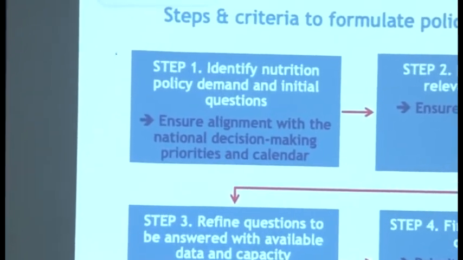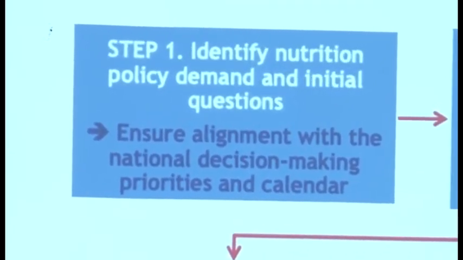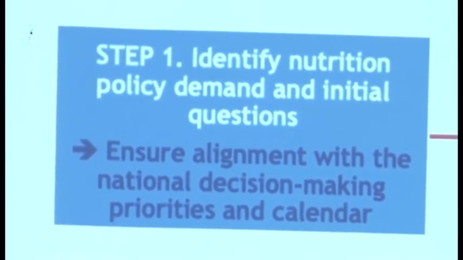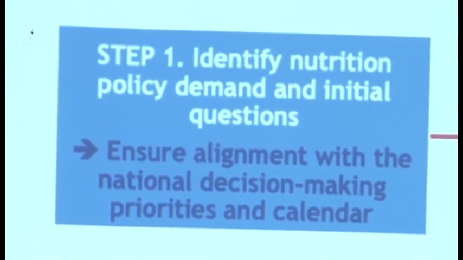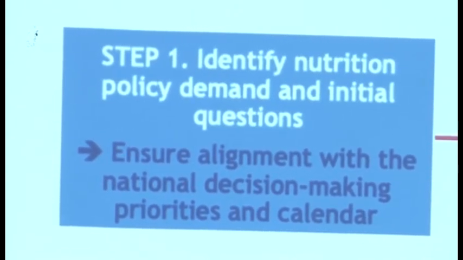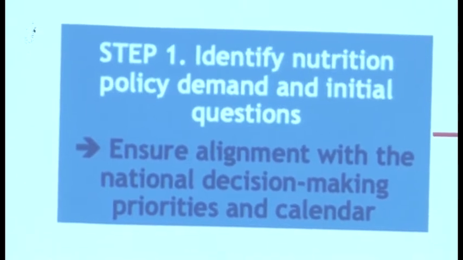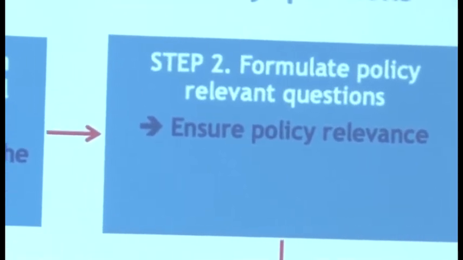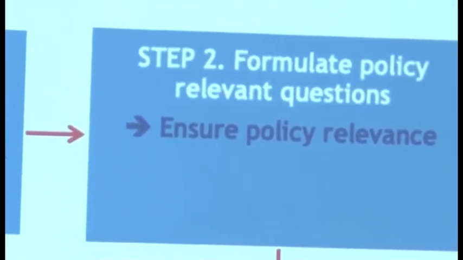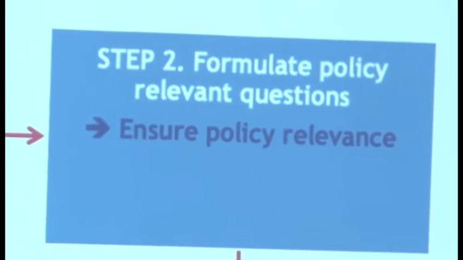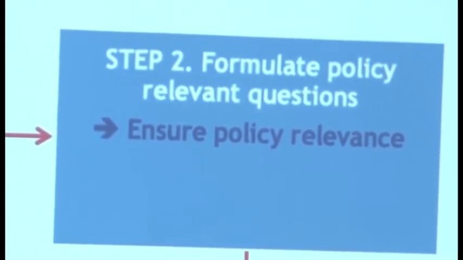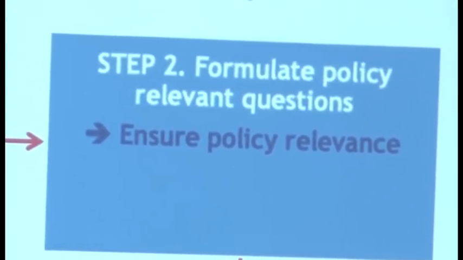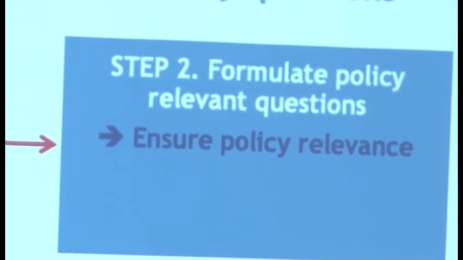That's why when we go into group work some few minutes from now, we need to look at the calendars we have within our own sectors in terms of policy development, in terms of programming, in terms of planning, to see that some of these policy demands are linked to those plans. The second step is formulate the policy relevant question. As I have described them, we have to ensure policy relevance in those questions. Are they policy relevant? You see, some questions could be very operational at a very, very lower level. Those ones, we are not looking at those. We are more interested in those that are at policy level.